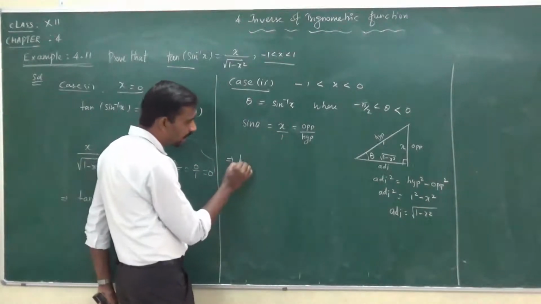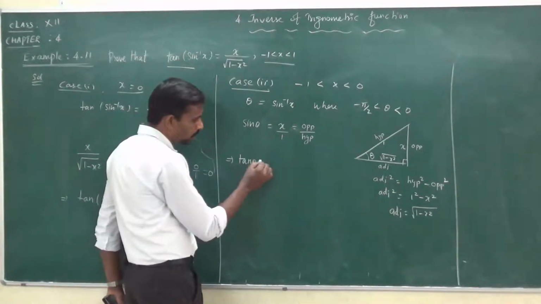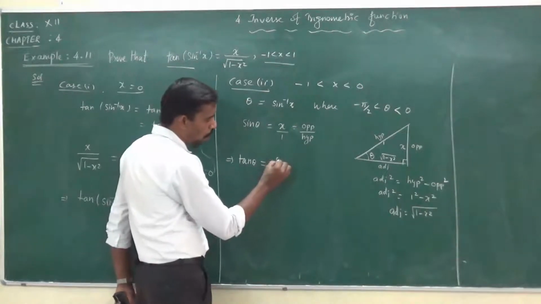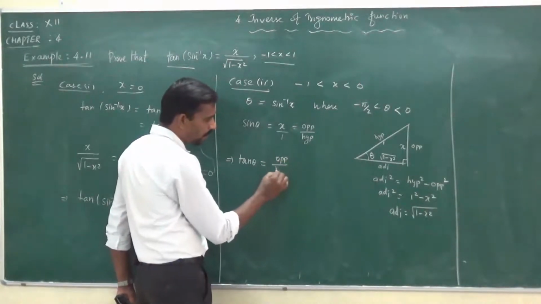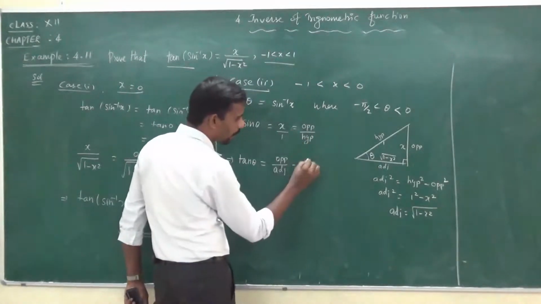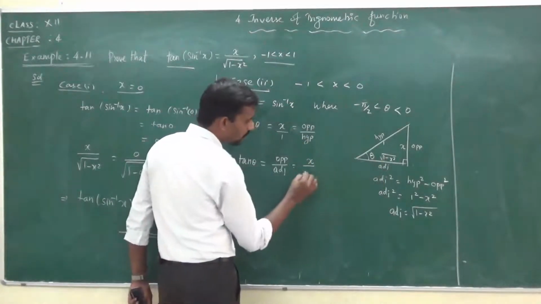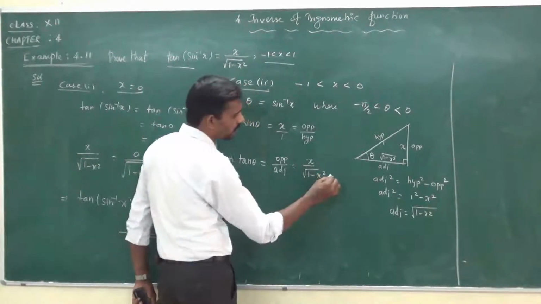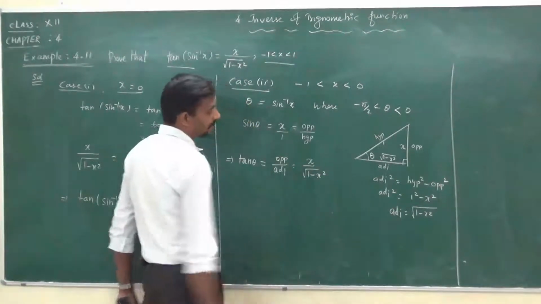So I can write tan theta. Tan theta is nothing but opposite side divided by adjacent side. What is the opposite side? It is x. What is the adjacent side? Root of 1 minus x square.